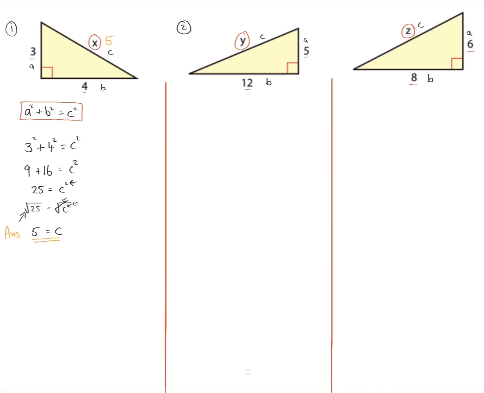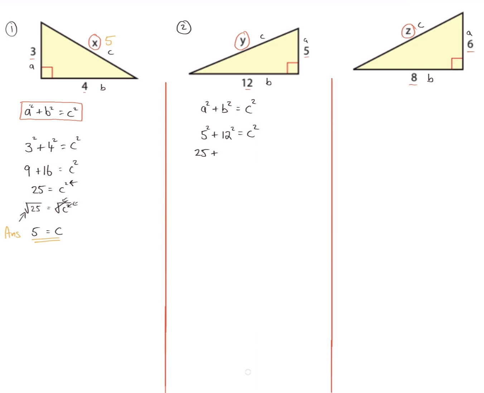So question 2. Remember, a squared plus b squared equals c squared. Now a is 5, so that's 5 squared plus b squared, b is 12 squared, equals c squared. So 5 squared is 5 multiplied by 5, which is 25. And then 12 squared is 12 multiplied by 12.